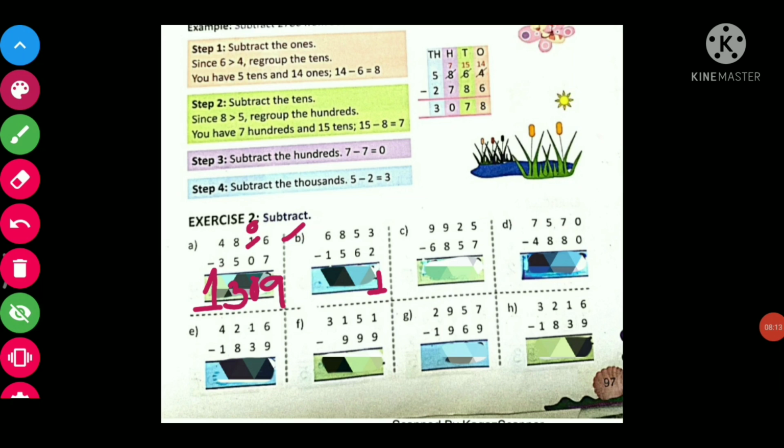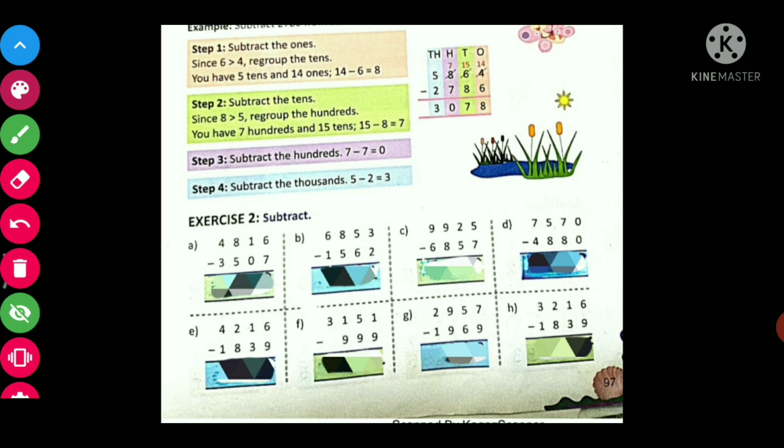So we'll borrow a number from 8, it will become 7, and this 5 will become 15. Now 15 minus 6, how much will it be? 9. 7 minus 5, how much will it be? 2. 6 minus 1, how much will it be? 5. So our answer will be 5291, right? Okay.